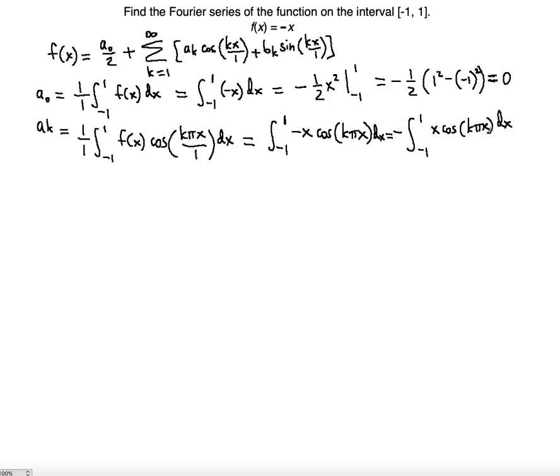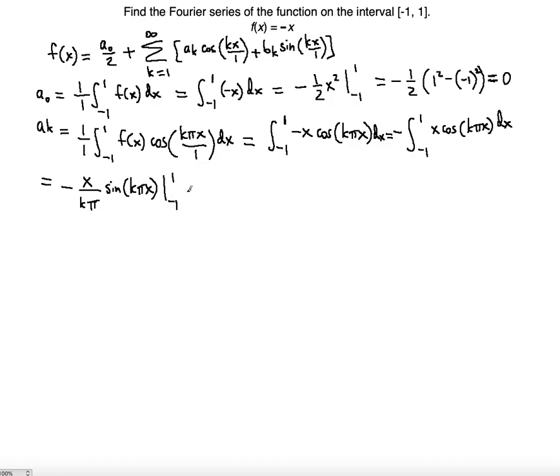I'm not going to show you how to do integration by parts here, because there's simply a lot more to talk about in this problem. But what you should get is this: negative x over k pi sine k pi x, evaluated from -1 to 1.